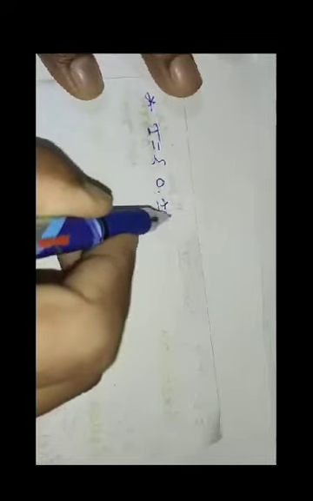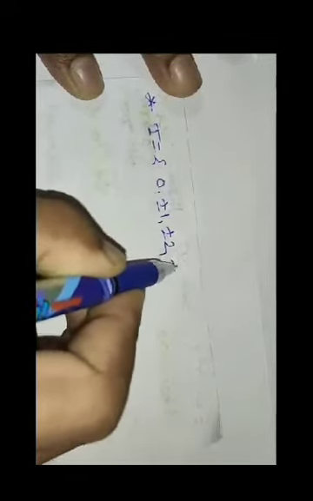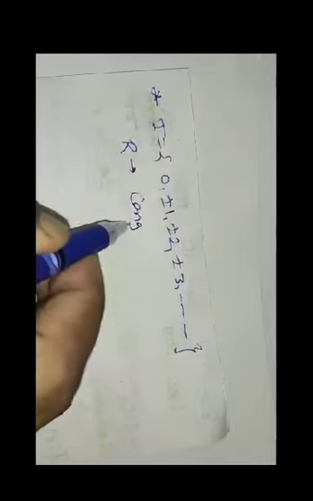So in this example, the set I is the set of all integers, and our relation is congruence modulo 5.